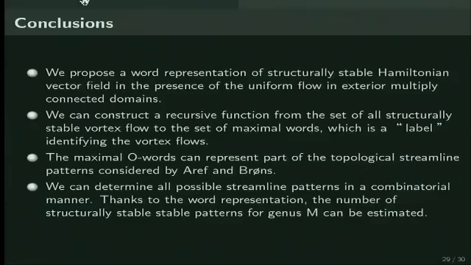So that's from the set of all structurally stable flows to the maximal words. We can define the function recursively, and therefore we can get all kinds of structurally stable flows.